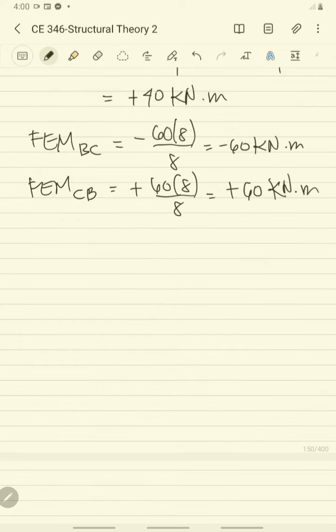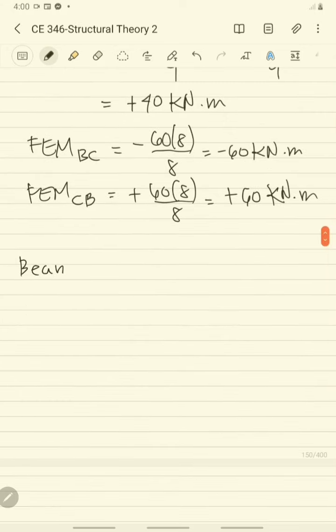For the beam stiffness, we have two formulas. We can use absolute K, which is equal to 4EI over L, and we also have relative K, which is equal to I over L. That is for constant modulus of elasticity, if your beam has the same material.